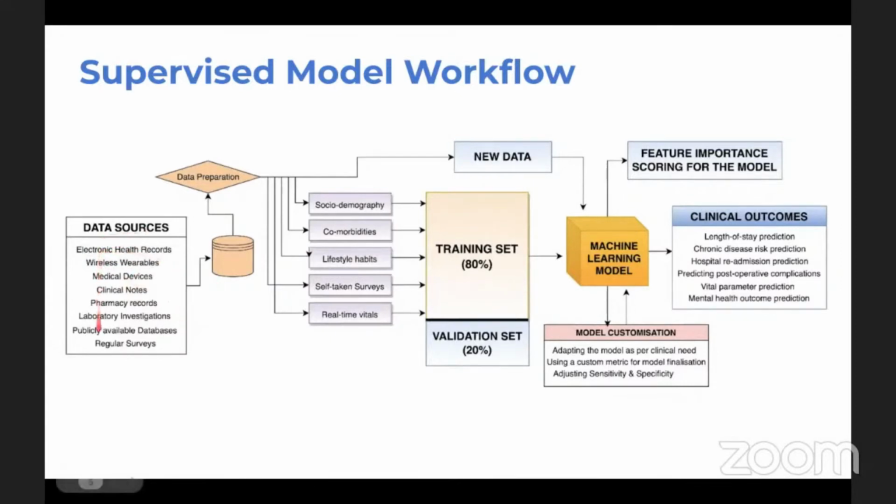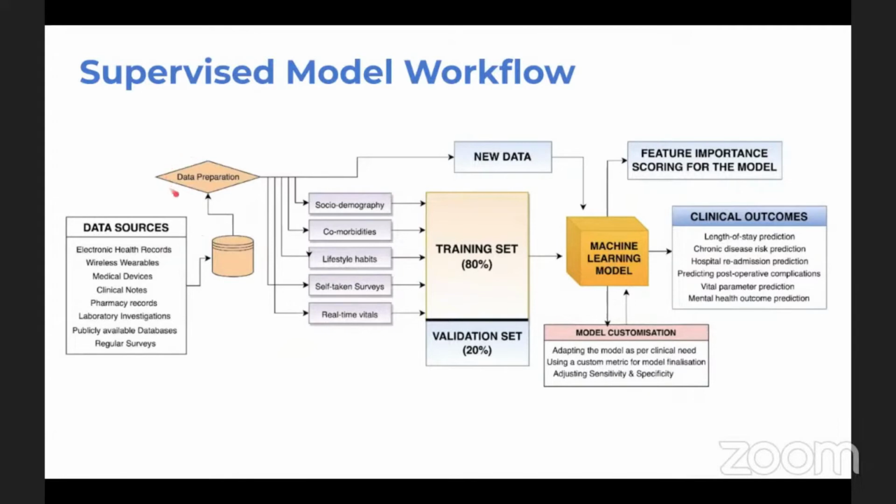These data types have various different structures, so first of all you have to structure them and make them machine readable. These are all deposited to the database. You also have to connect all these things via suitable hardware, so that the data is ingested and properly curated in real time.